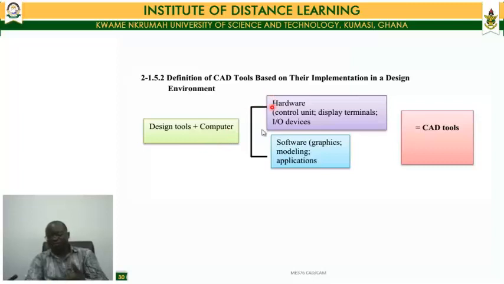So what is happening is that the computer brings the hardware side of it, the control unit, display terminals, and of course the input and output devices. And then you have the software coming from the design tool, which is the software, graphics modeling, and some applications. So if you have a design software and a computer, then you have what you call a CAD tool.